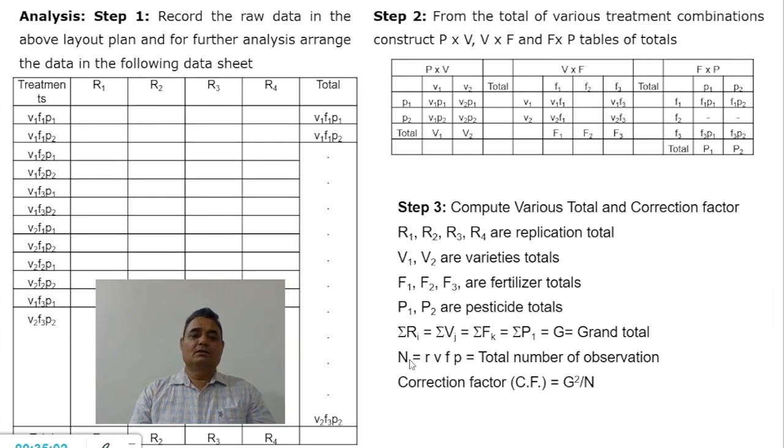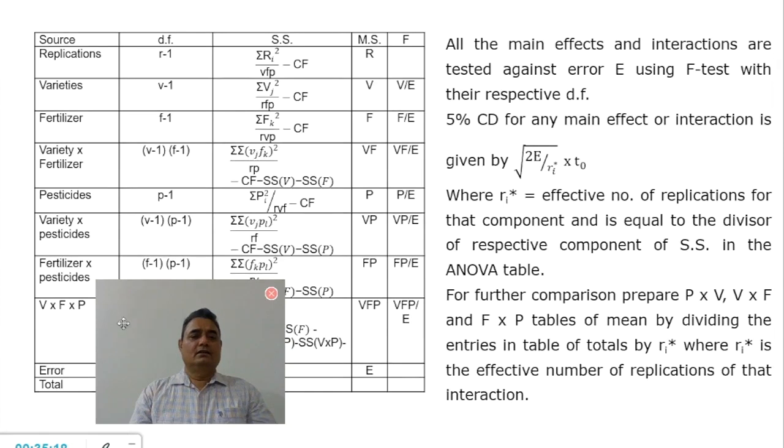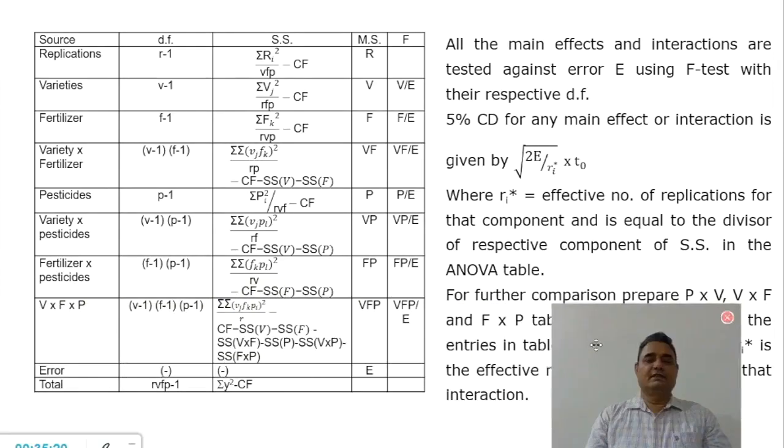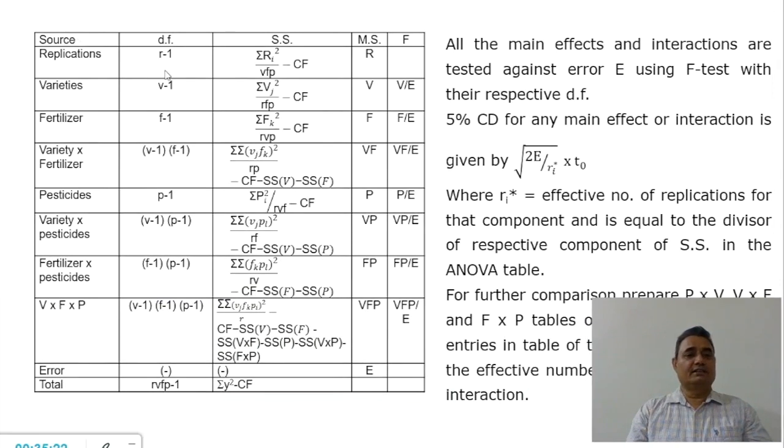Then we compute the total number of experimental units by multiplying the number of replications by the number of levels of the first, second and third factors. The correction factor is computed as G square by N, and we prepare the analysis of variance table like this.